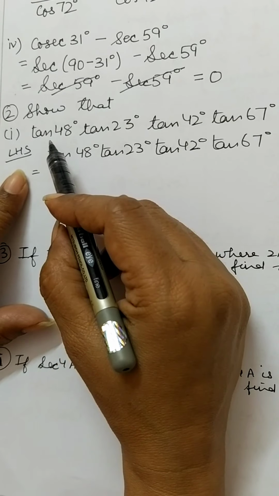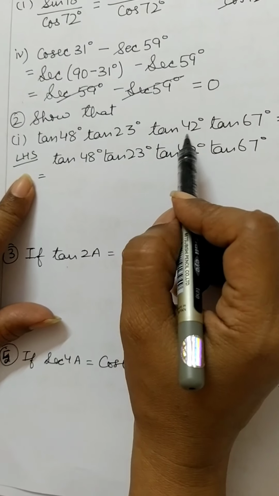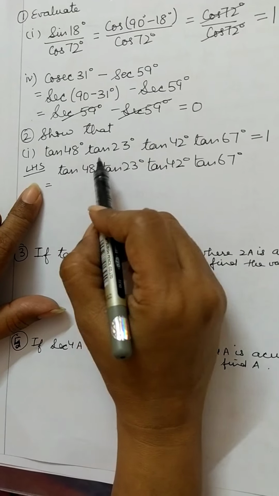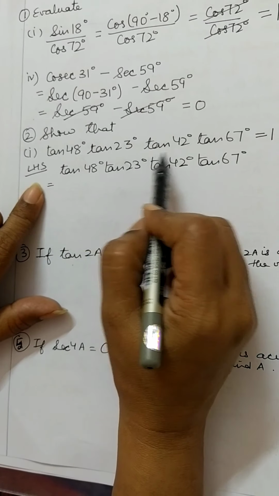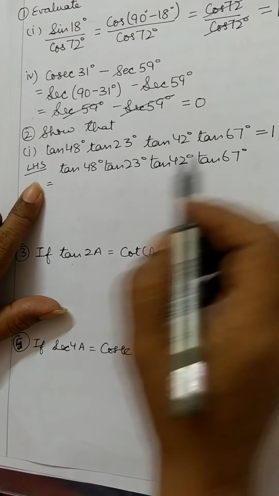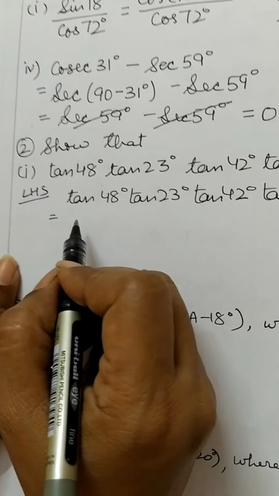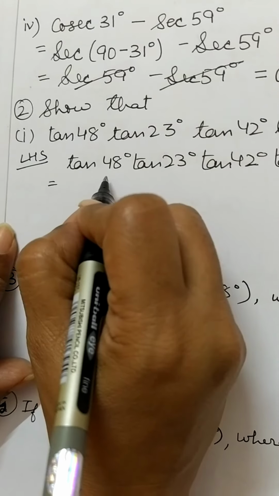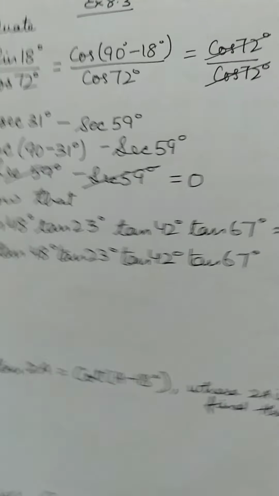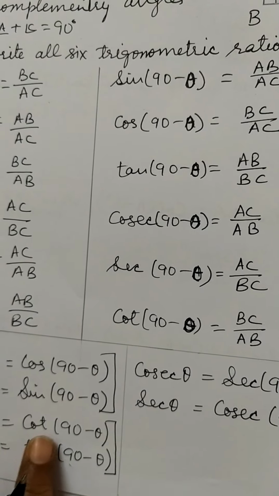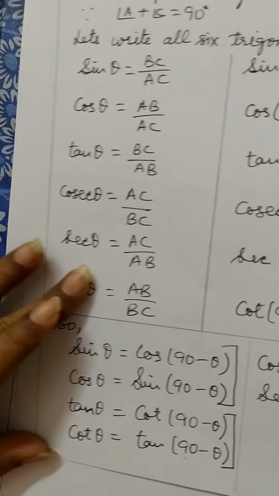You have to prove that tan 48, tan 23, tan 42, tan 67, all 4 ratios multiplying is equal to 1. So multiplication of all these 4 terms. Let us start with left hand side. Tan 48, tan theta is cot 90 minus theta.